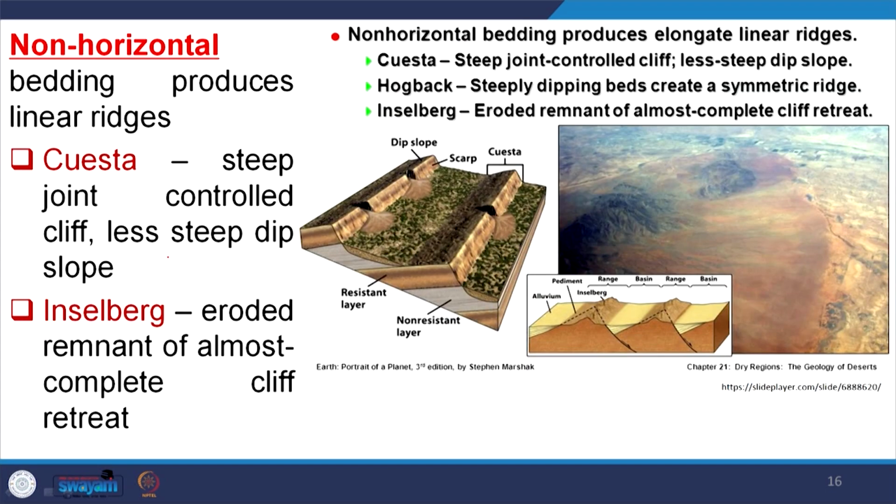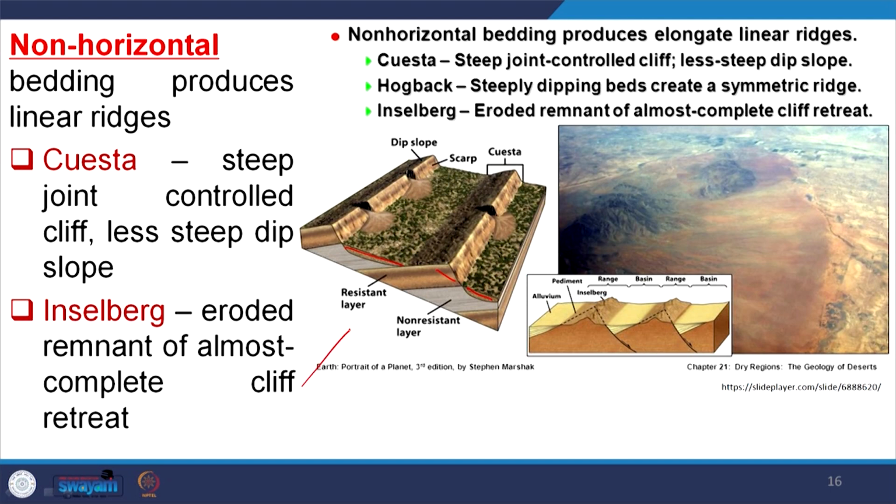Then the same type of erosion occurs in non-horizontal beddings. That means here the bedding surface is dipping. Non-horizontal bedding produces linear ridges. Suppose we have alternate hard and soft rock: this part is soft rock, this is hard rock, and again this is soft rock.